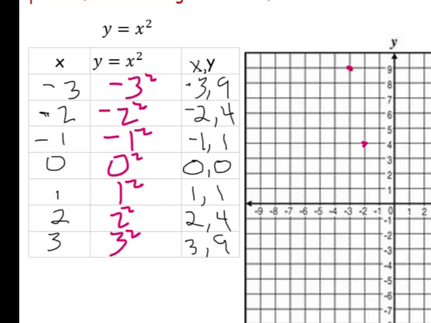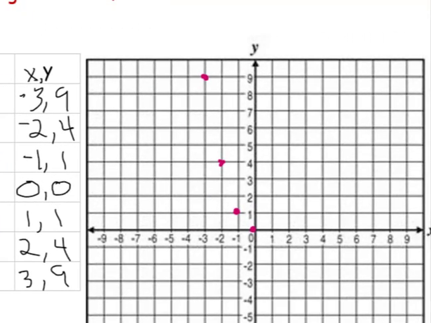Negative 1, positive 1. 0, 0. Positive 1, positive 1. Positive 2, positive 4, and positive 3 and positive 9. Well, look at that. It's making a U. That's called a parabola. Awesome.